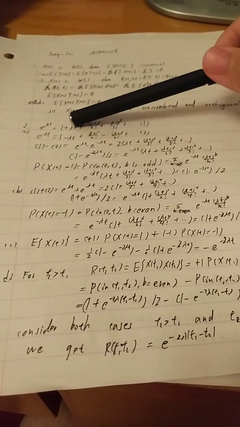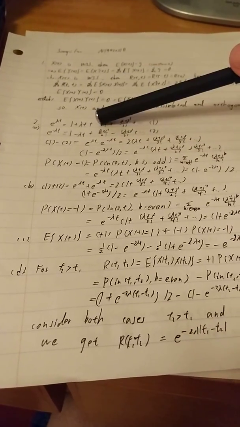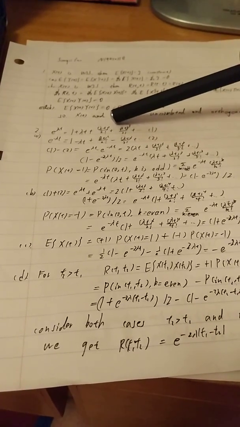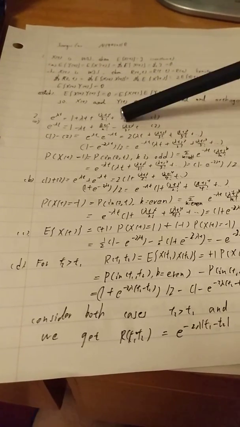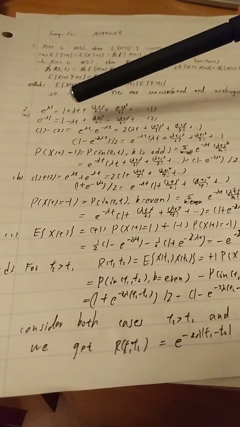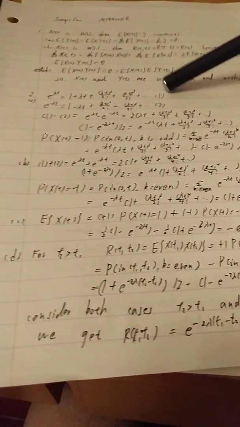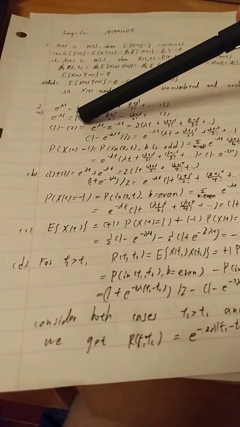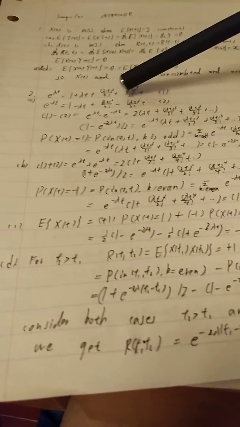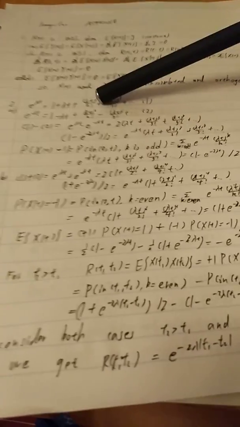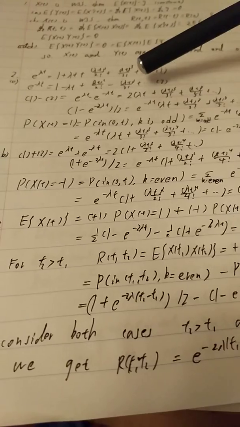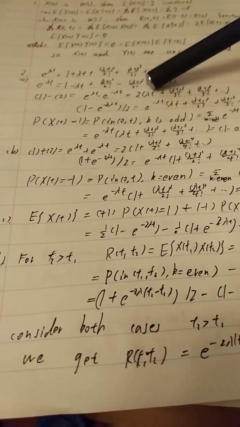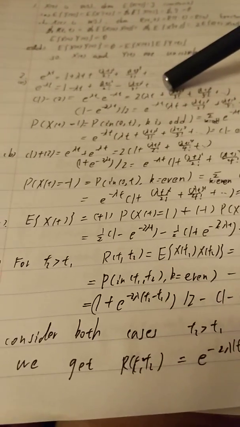To begin with, we can easily get e^(lambda t) equals 1 plus lambda t, plus (lambda t)^2 over 2 times 1, and so on, point by point.